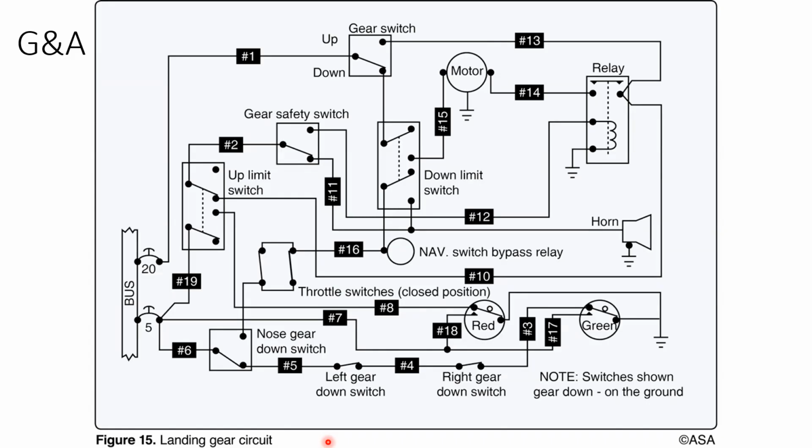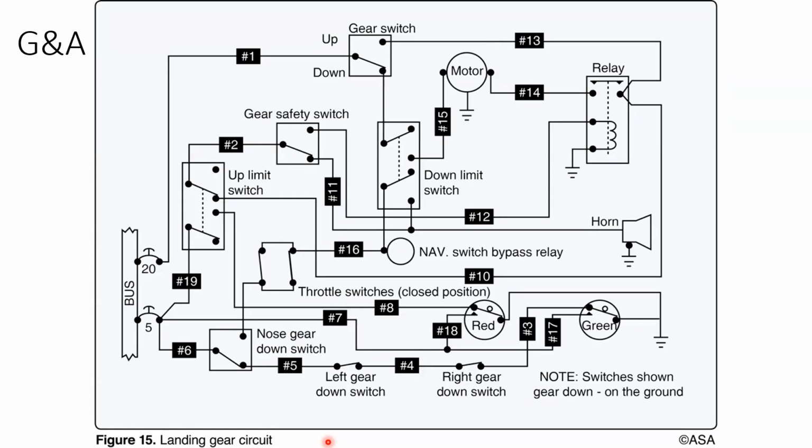So first of all, this is the Generals figure 15, but it is also Airframe figure 19, which isn't as good of a quality image. That's why I'm using the one from Generals. The first thing I would say with this diagram is that there are a few things missing that I would want the FAA to put on here to make the drawing easier to understand.